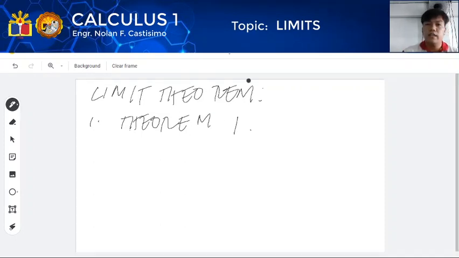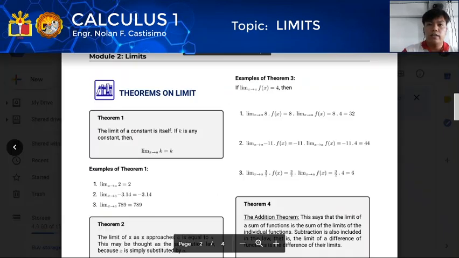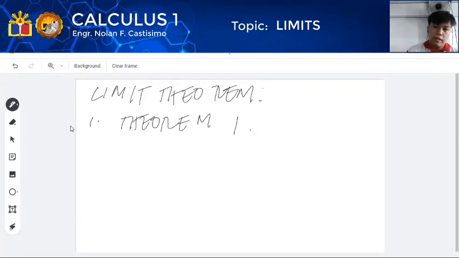Nakalagay dyan kanina na ang theorem 1 natin is the limit of K as x approaches to A is equivalent to K. Ibig sabihin yan, yung K natin is constant.